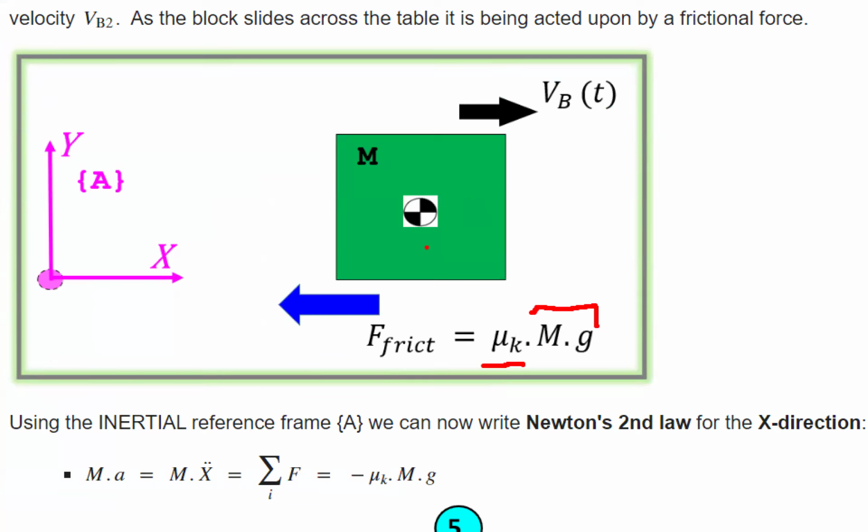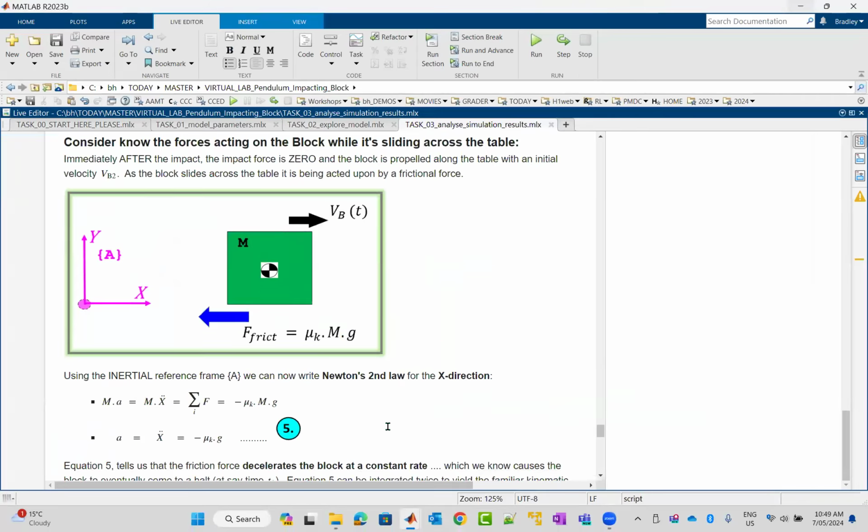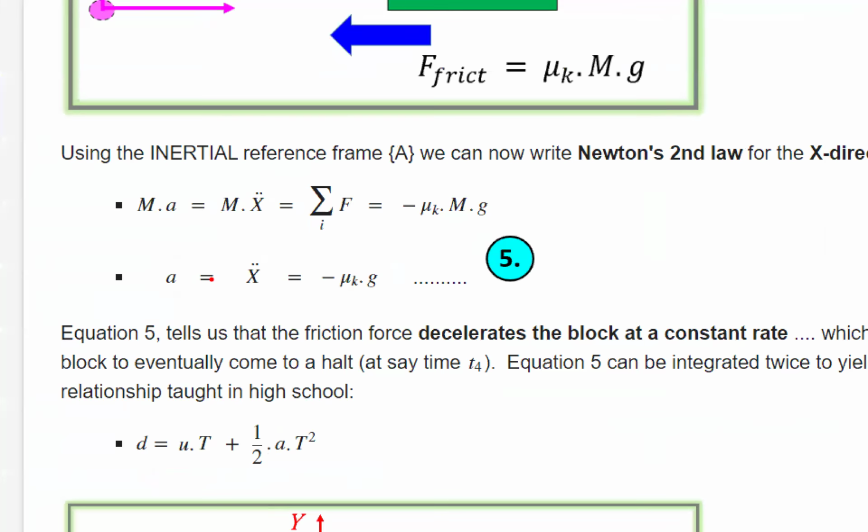So let's take that free body diagram and apply Newton: ma is the sum of the forces. The m's cancel, and we're left with the acceleration of the green block being a constant.